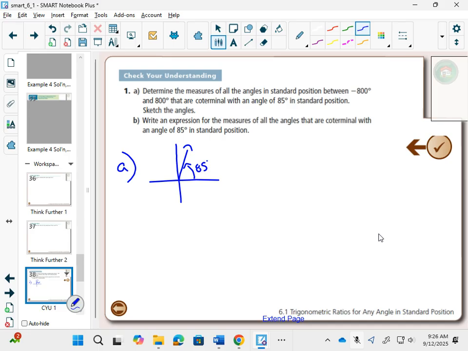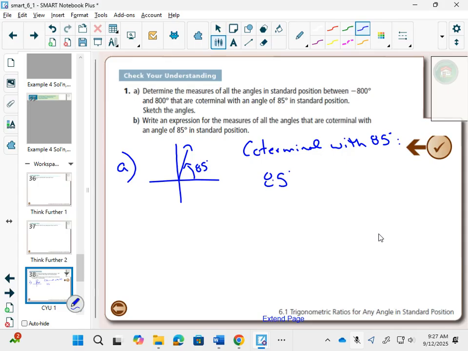And we want all of them, and we have to sketch them all. Technically 85 degrees is coterminal with 85 degrees. Does it end in the same spot? Absolutely.